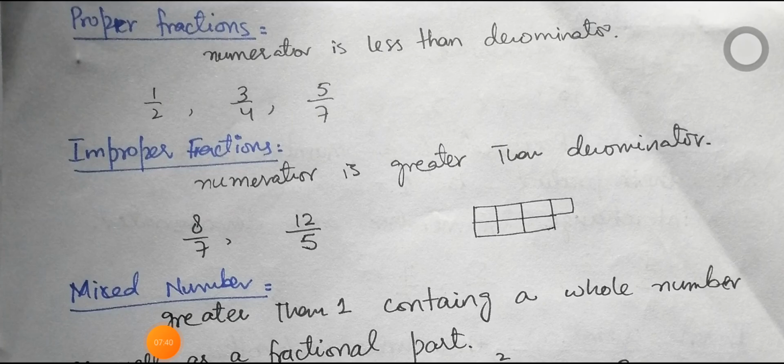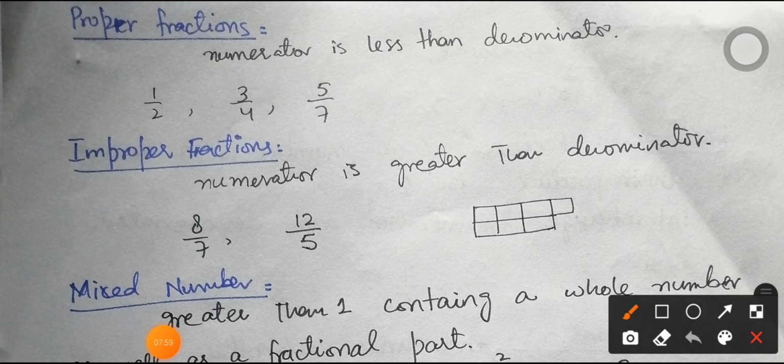There are two basic types of fractions, proper fractions and improper fractions, on the basis of the relation between the numerator and denominator. The fractions we have discussed up till now were all proper fractions, because a proper fraction is a fraction in which the numerator is less than the denominator. And why are these proper fractions?